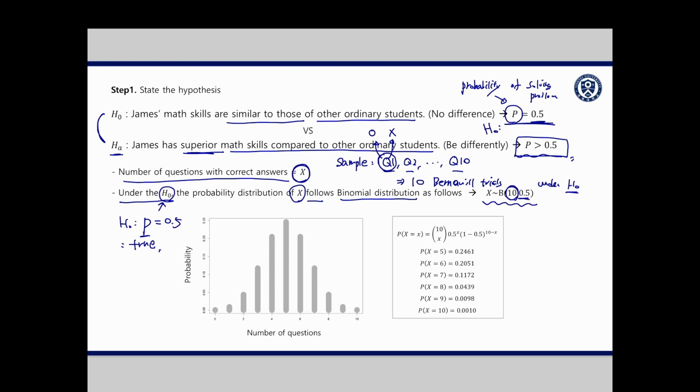We can draw the binomial distribution, the PMF, and its probabilities.